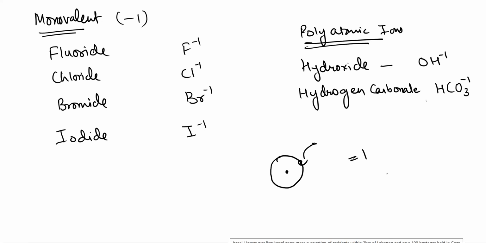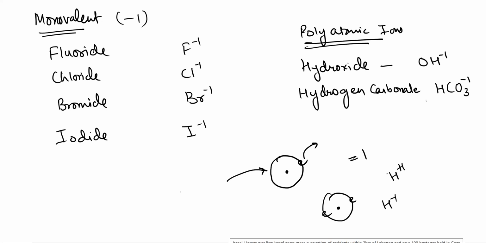So when it loses its electron, it forms H+. And when it borrows an electron from somewhere and has 2 electrons, to attain the helium electronic configuration of noble gases, since the first shell can accommodate a maximum of 2 electrons, then it will become hydride, H-1.